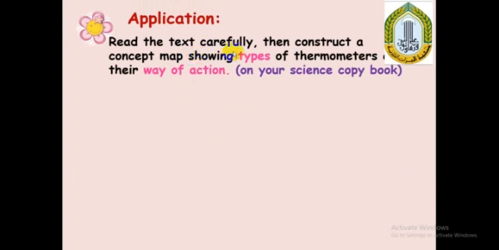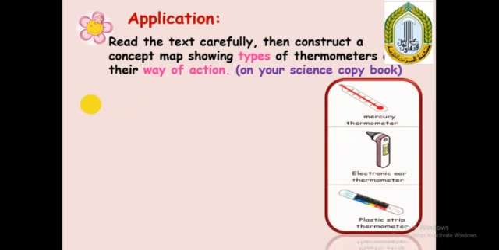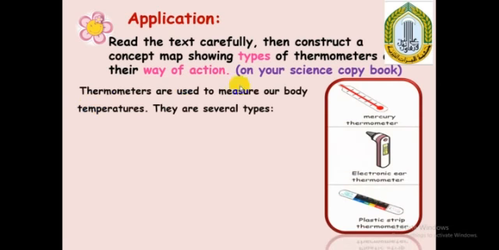Read the text carefully, then construct a concept map showing the types of thermometers and their way of action in your science copybook. Don't worry, I will read the text for you, but then you will pause the video, construct the map, and then correct with me. So here we have, how many types of thermometers can you see? 3.